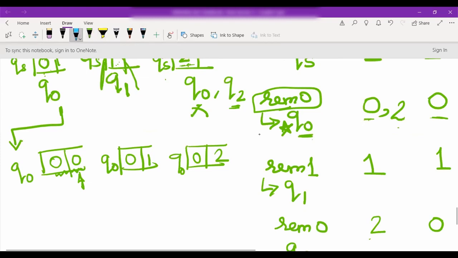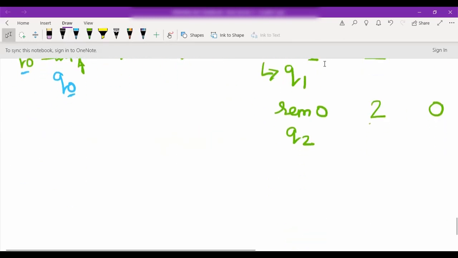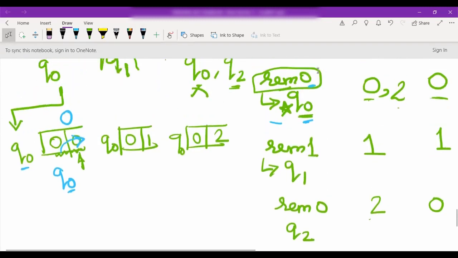So 0 with the next bit as 0 is producing the remainder 0 condition, and it is going to the next state Q0. And the output generated is 0. As this Q0 state, which is now the resultant state, is already marked here, no need to add one more row for writing Q0 again, because that is already present.